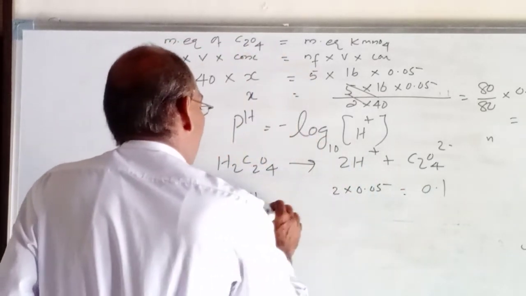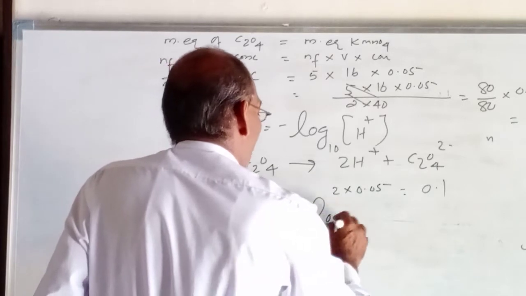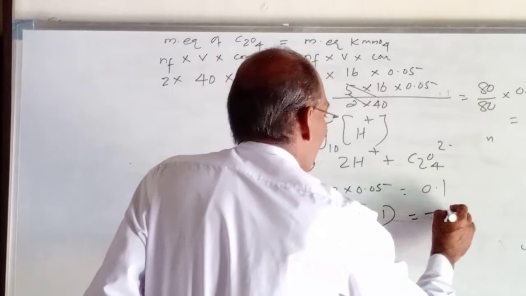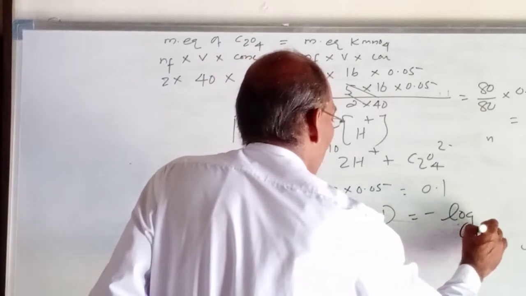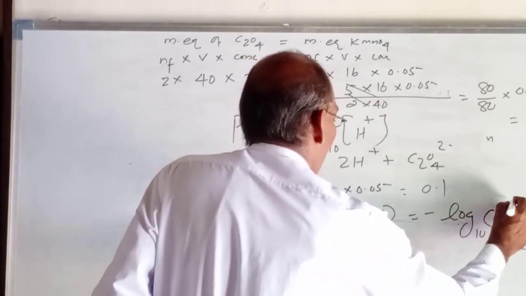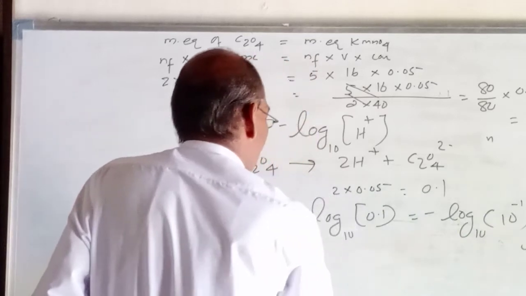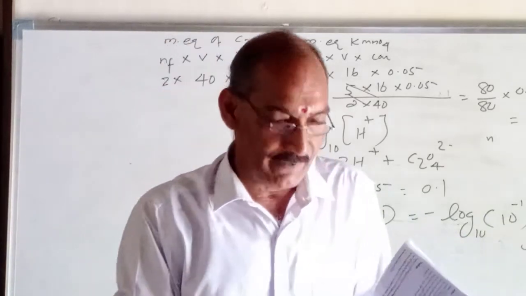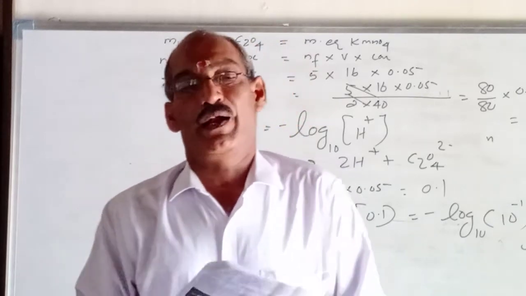Then we can write pH is equal to negative log to the base 10 of 0.1. That is negative log to the base 10 of 10 raised to minus 1. We will get the value plus 1. Therefore, we can say the answer is 1.